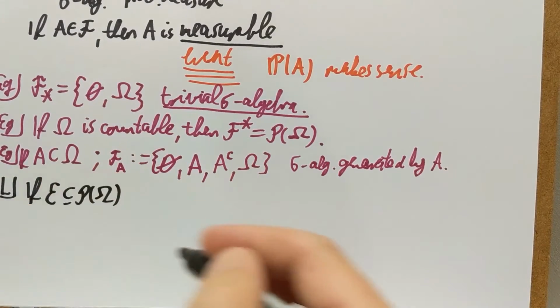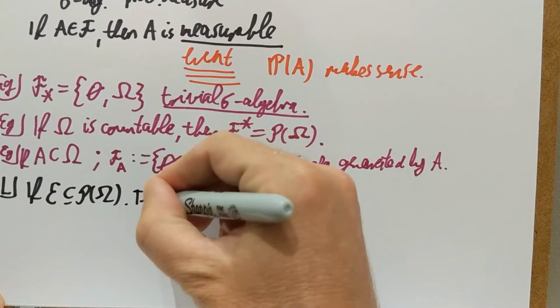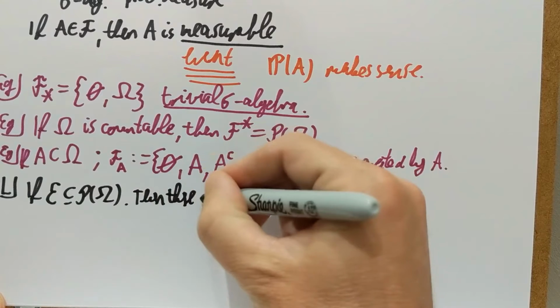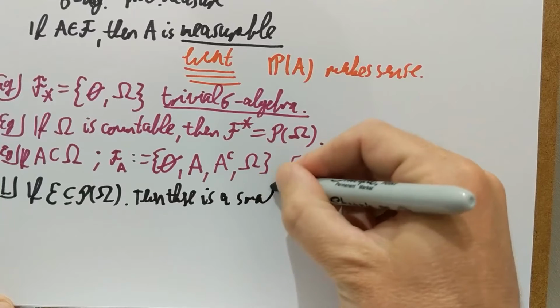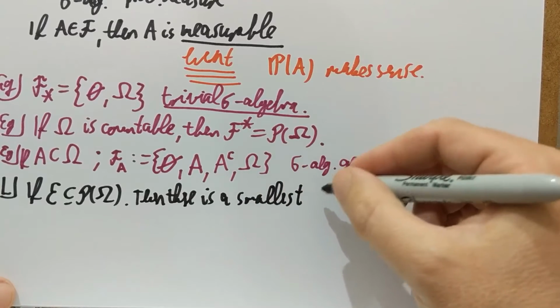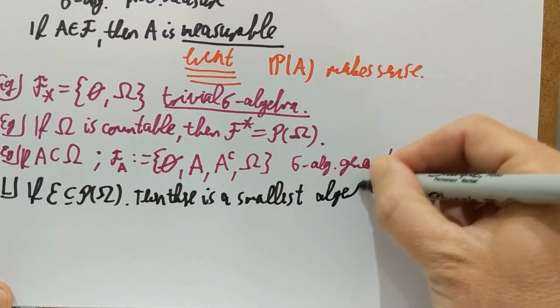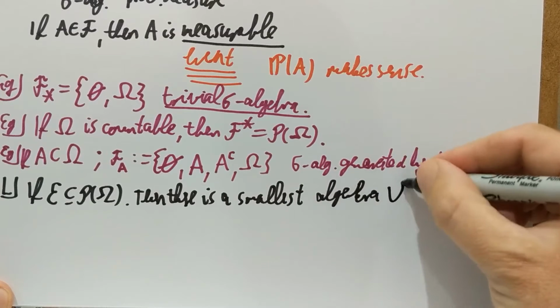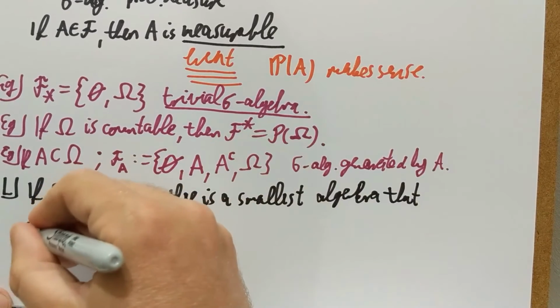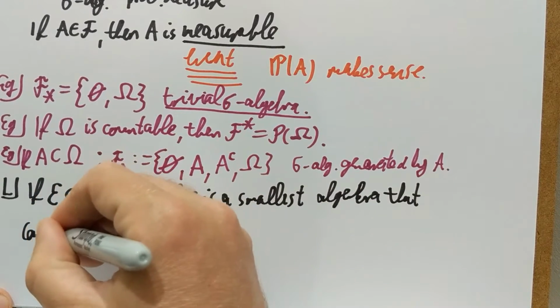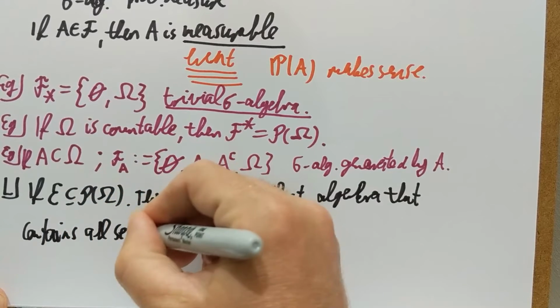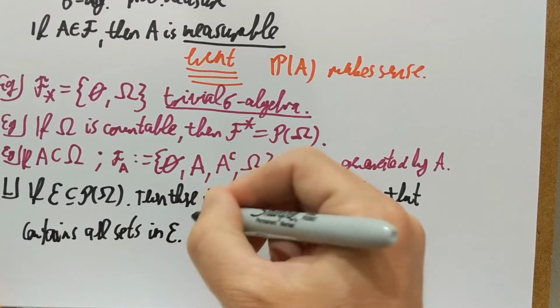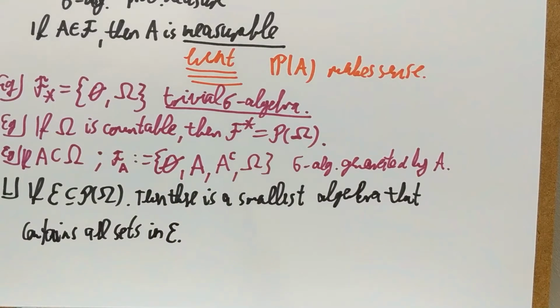Then there exists a smallest algebra that contains all sets in script E. That's a lemma. There is a smallest algebra that makes this family of subsets an algebra.